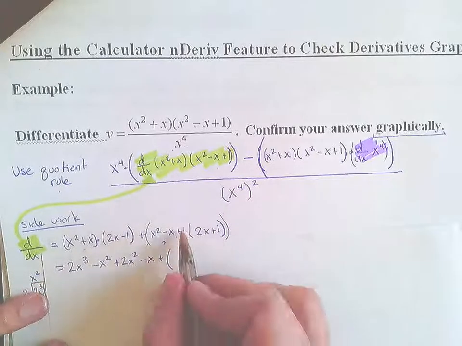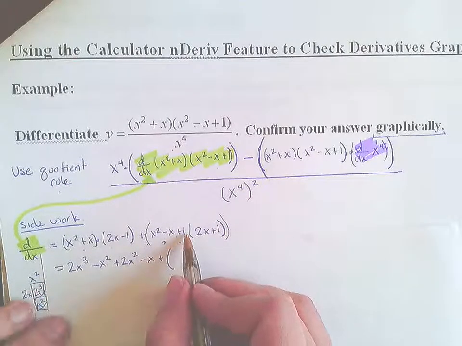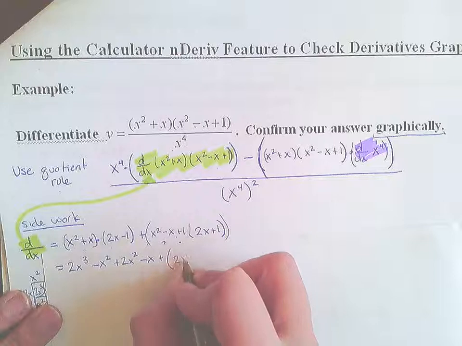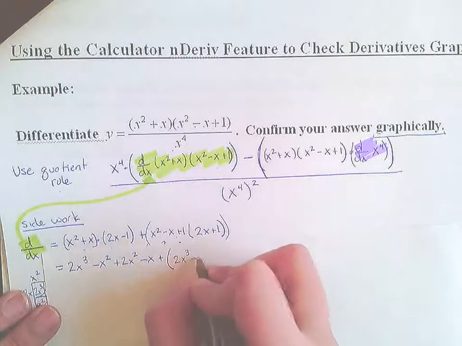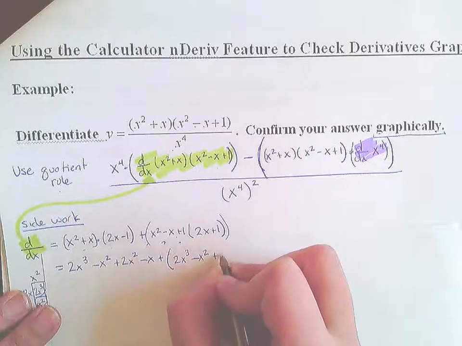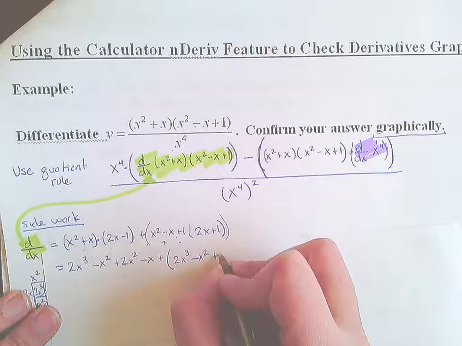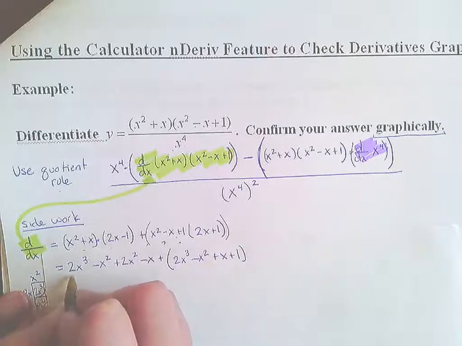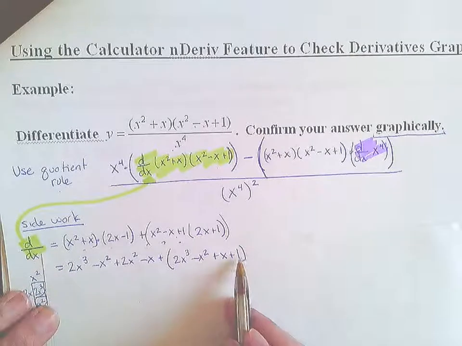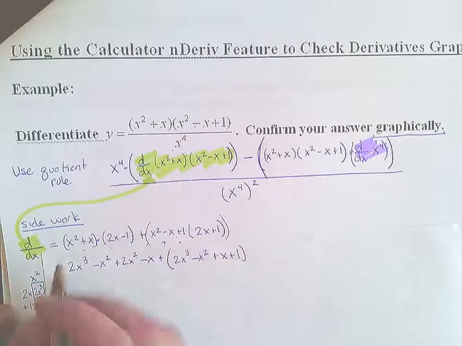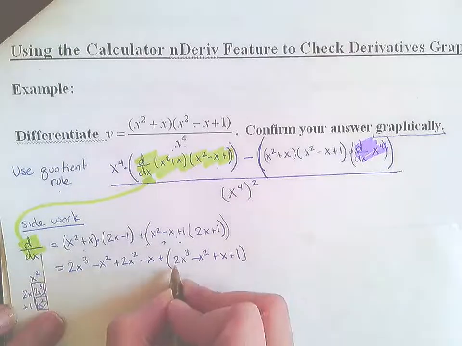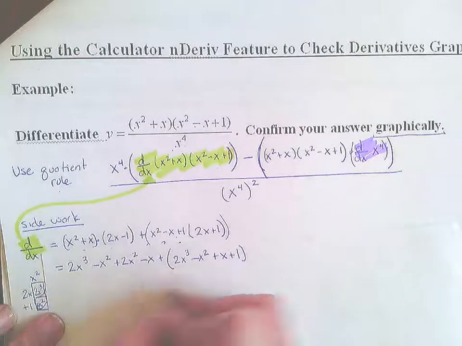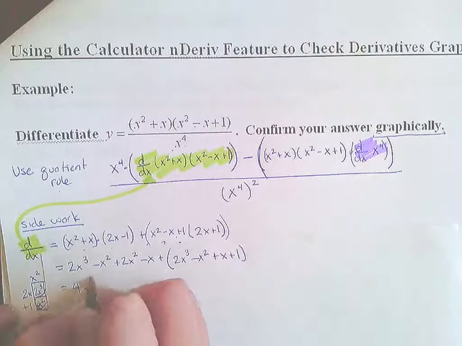And then this was correct. So what we get from this is 2x cubed minus x squared plus x plus 1. And then look what ends up happening. So when we clean all of this up, 2x cubed plus 2x cubed is 4x cubed.